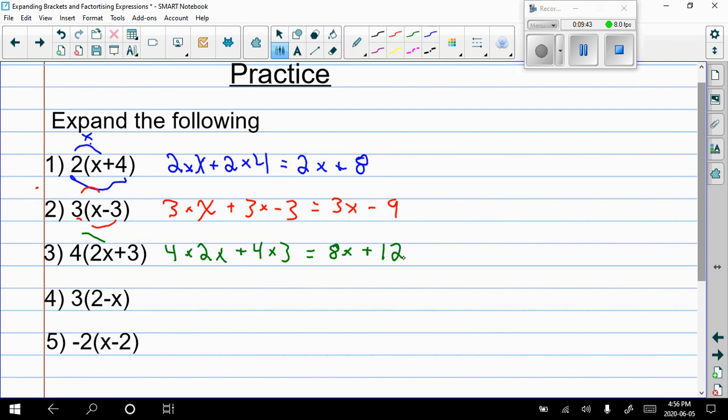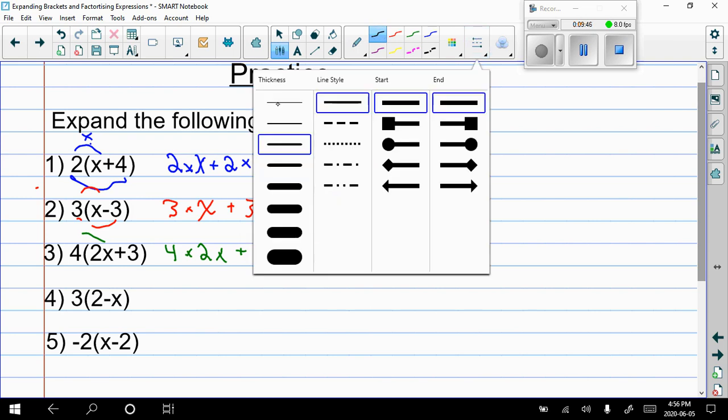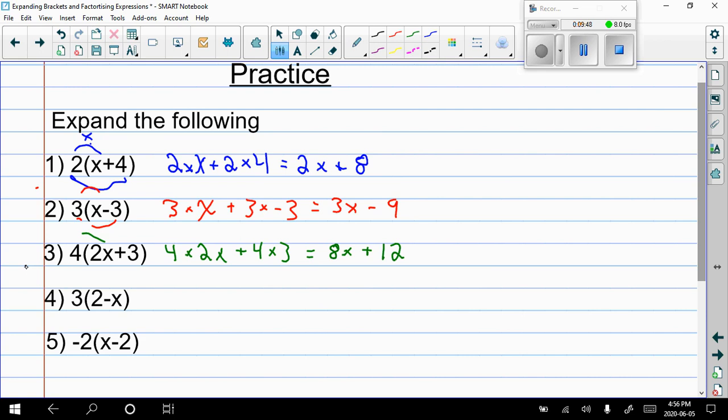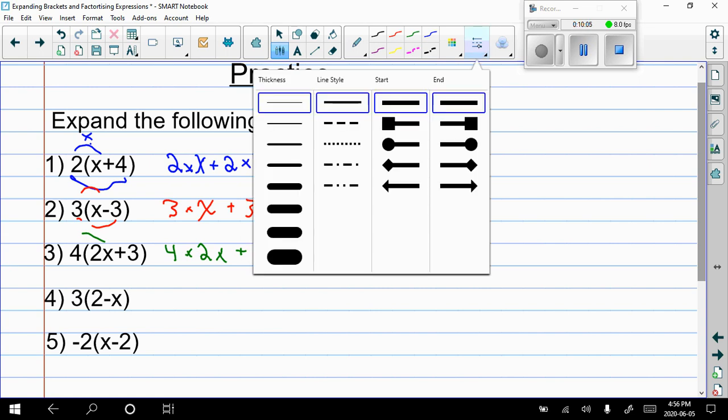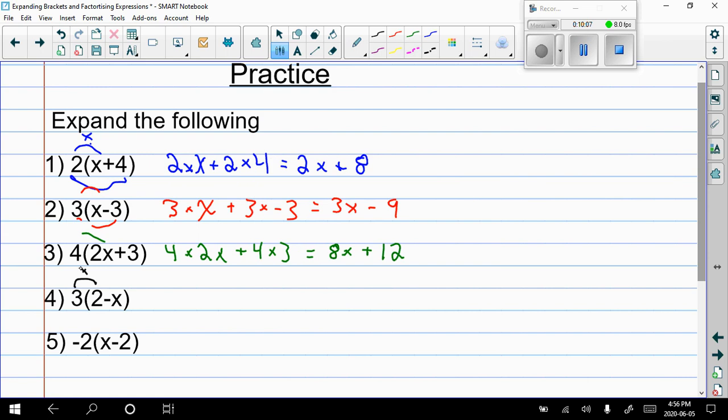Next one, I like to always put up a couple of these because I find that it can confuse people. Just because the x is in the wrong order, it's not first, doesn't mean it's changed any bit. We're still just going to multiply that outside by each term. So we have 3 times 2.